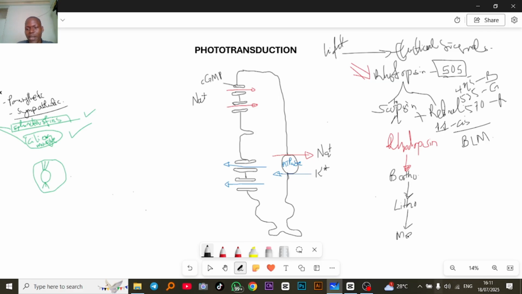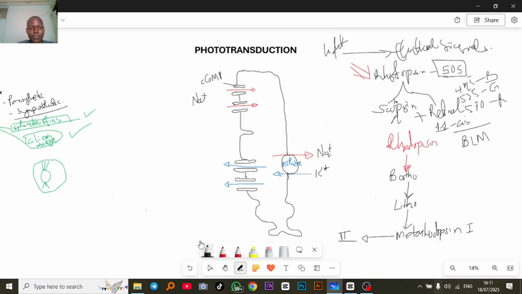All this occurs at a very fast rate that you may not recognize the changes. Meta-rhodopsin has two forms: meta-rhodopsin 1 and meta-rhodopsin 2. It first changes to meta-rhodopsin 1, and eventually to meta-rhodopsin 2, which is what we call the activated rhodopsin.